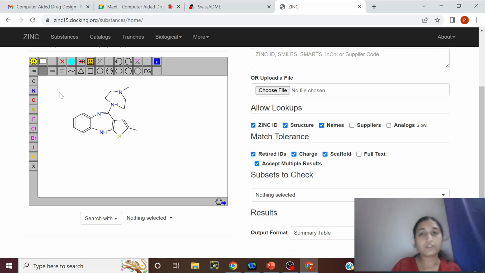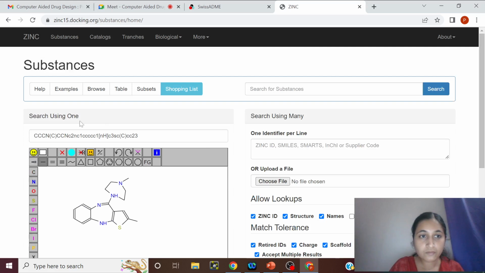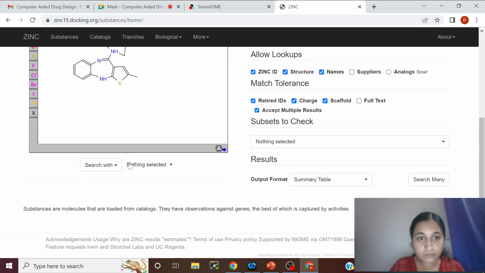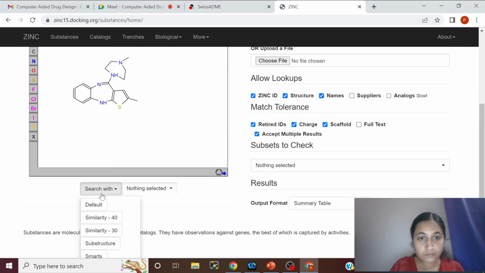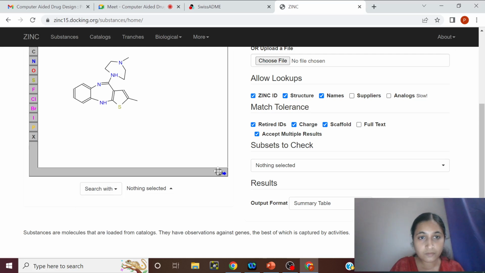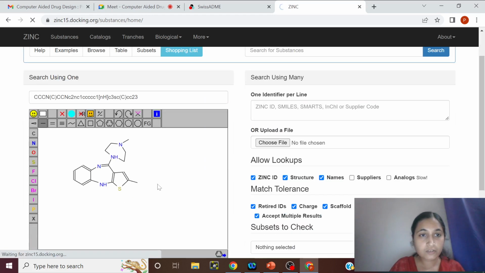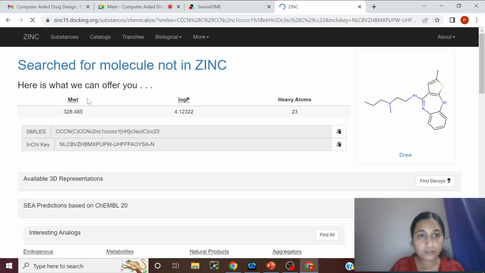No, no, this is the structure only. So this structure came, right?